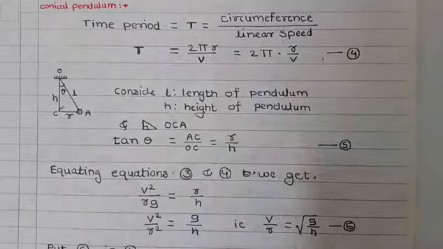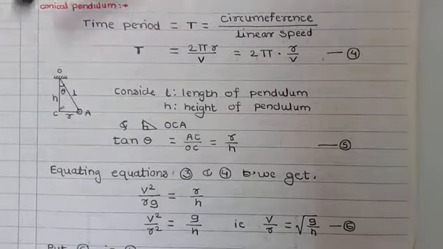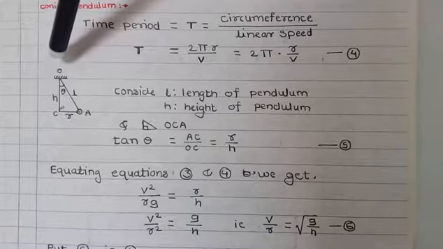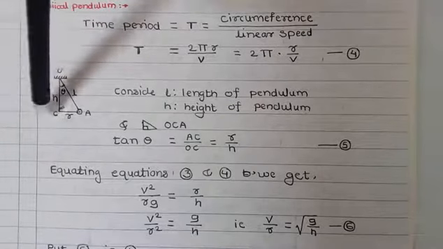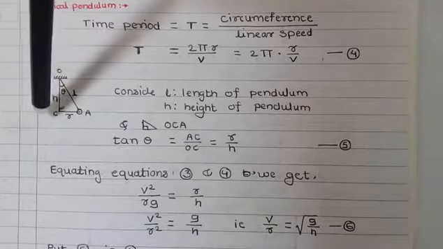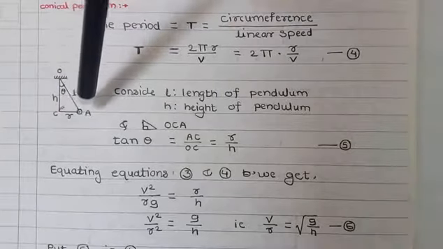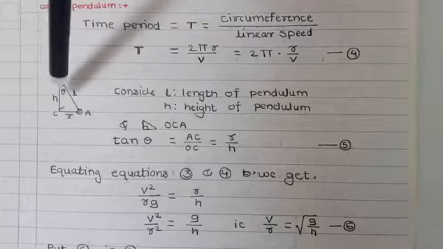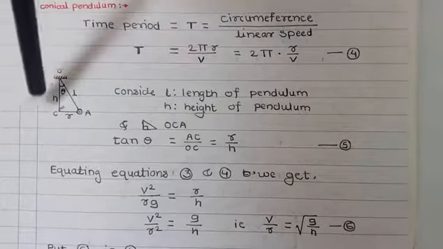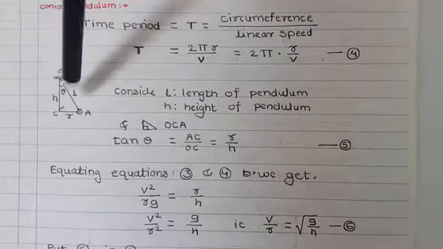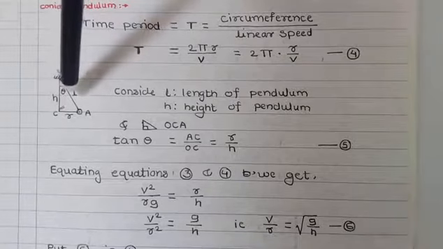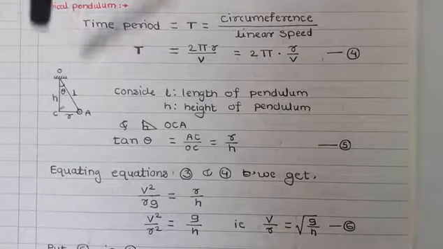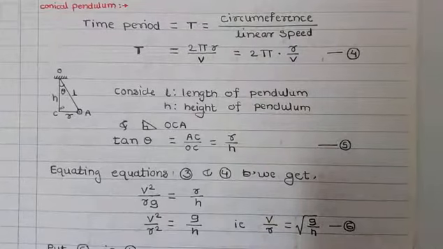Now consider this diagram. In this diagram, the point O is the suspension point, point C is the center of the horizontal circle, A is the position of the bob in the conical pendulum, theta is the angle, H is the height of the cone, L is the length of the simple pendulum. But the length of a simple pendulum is always measured from the center of the bob to the suspension point.